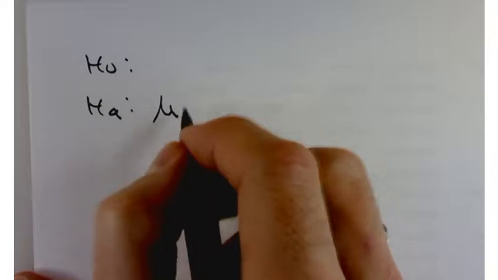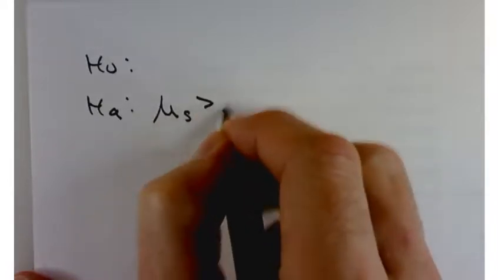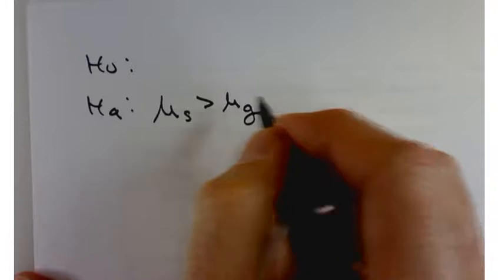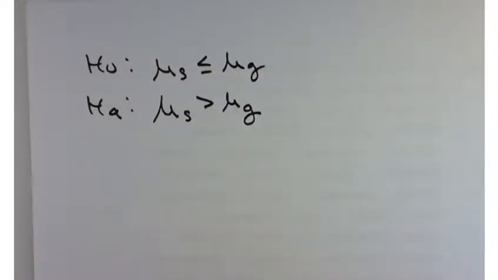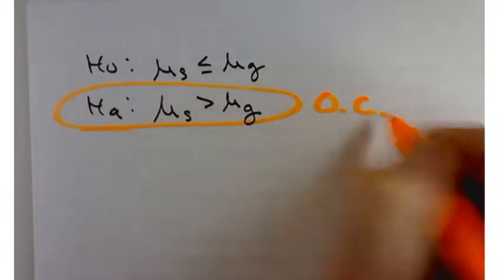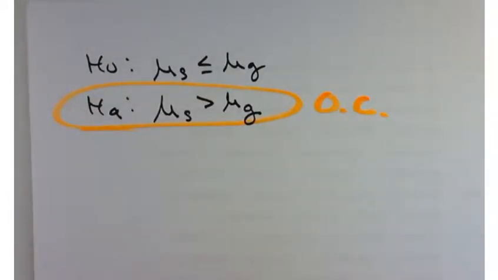H sub 0, H sub A. So the mean height of supermodels is greater than the mean height of women in the general population, and less than or equal to would be in the null hypothesis. That's our original claim. We're going to test this at the 1% significance level.